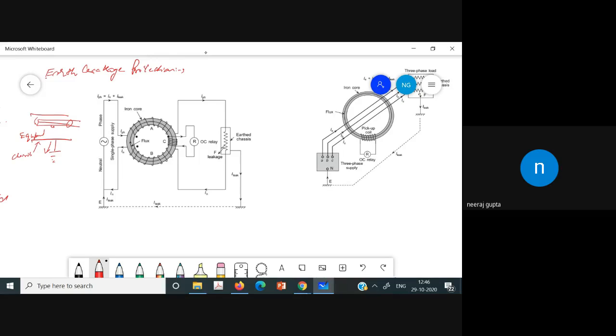However, this leakage current may be too small. It is too small for the overcurrent relay to operate. So the overcurrent relay cannot operate.